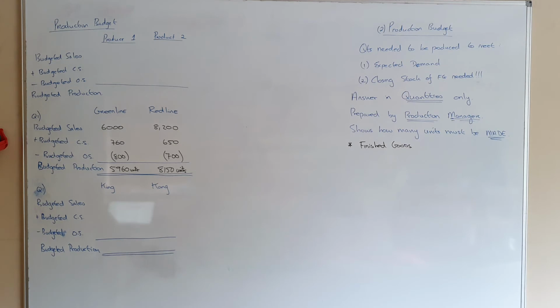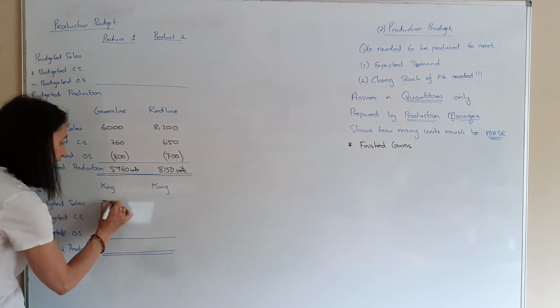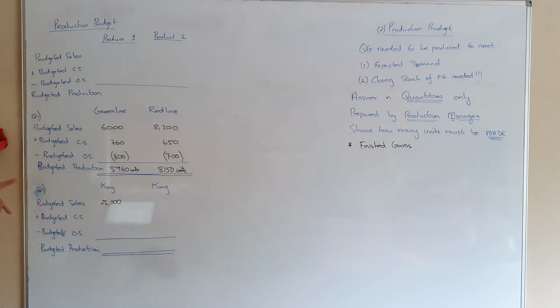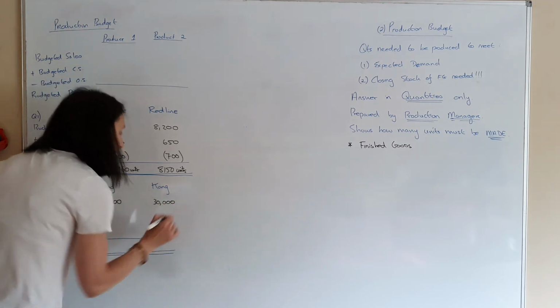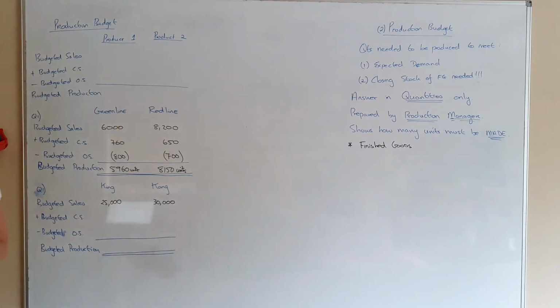Now the honours obviously is going to be a little bit more difficult. We know that this is 25,000 units we want to make of King, and we know of Con it is 30,000 units. Now I want you to go back to the introduction. I want you to get a highlighter, and I want you to highlight the third sentence. All stocks are to be increased by 15% from their opening levels.